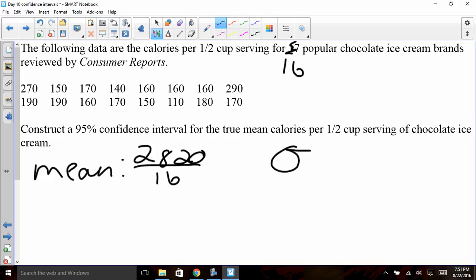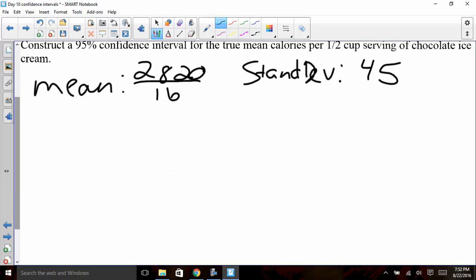And standard deviation, which is 45, which again, remember, having a standard deviation that high is talking about the average distance between each data point. So having such a high standard deviation is pretty crazy when you're thinking about all those calories you're ingesting.